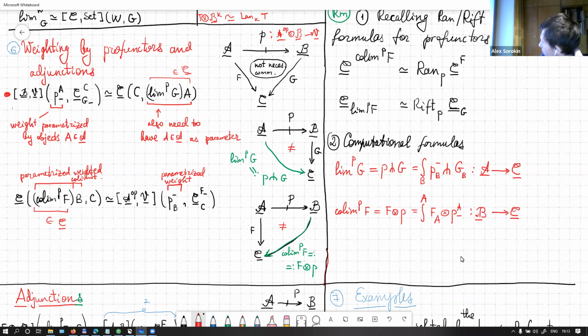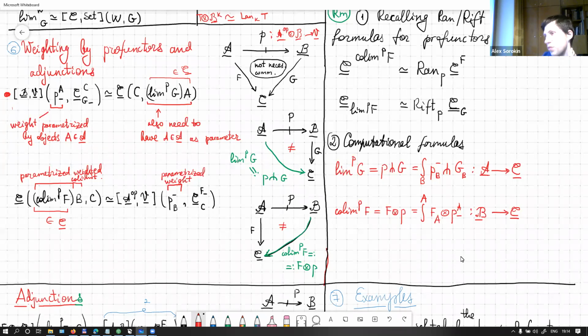Also, for reasons that will be obvious a little later, and I was also using this notation in coends, I will write the limit of functor G with functor P using the cotensor operation, because we can act with the profunctors on functors on the left using cotensor or ends. When we are talking about colimits, then I can use tensoring of functors by profunctors, and this is a right action, so I can write it on the right of it, using again tensor notation.